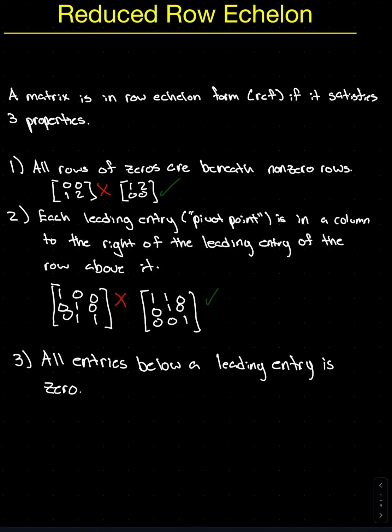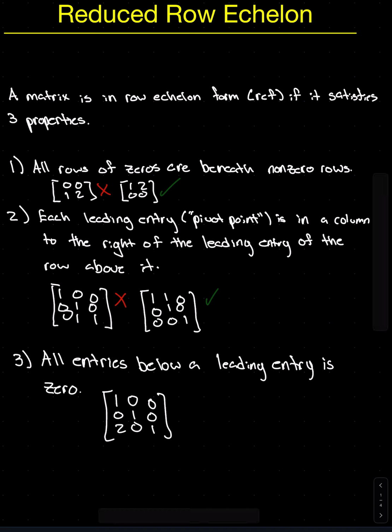So if we have a matrix like this, it violates this property since the leading entry right here has a 2 beneath it, which is not allowed. So this is wrong. So if any matrix has these three properties, it is in row echelon form.